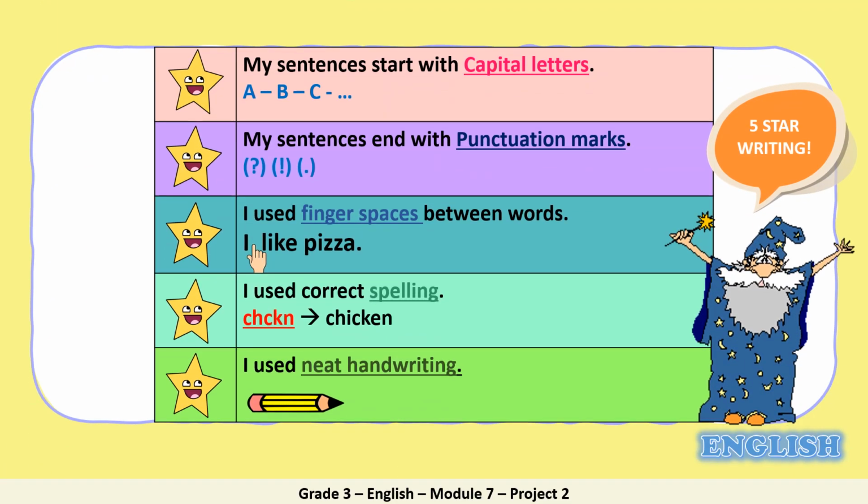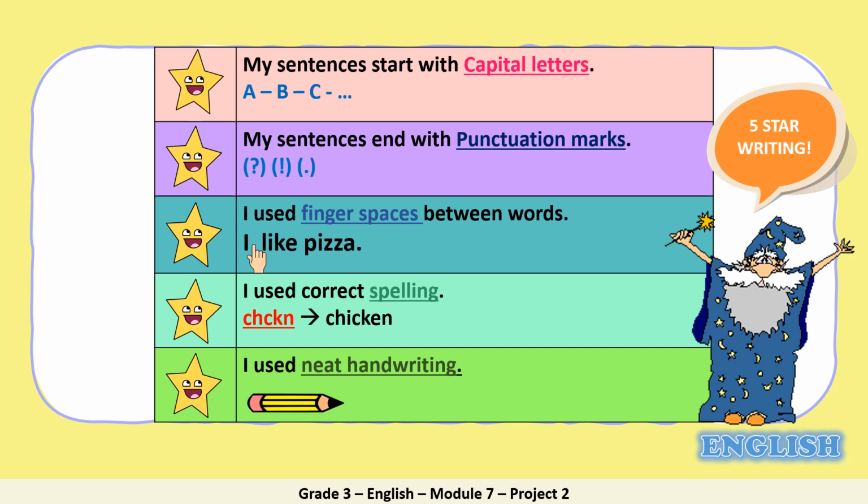Are you all done? Because I cannot see you writing, I want you to use this 5-star writing checklist to give yourself a star for everything you did right. So, you used capital letters at the beginning of your sentences, you get 1 star. You ended your sentences with punctuation marks, 2 stars.